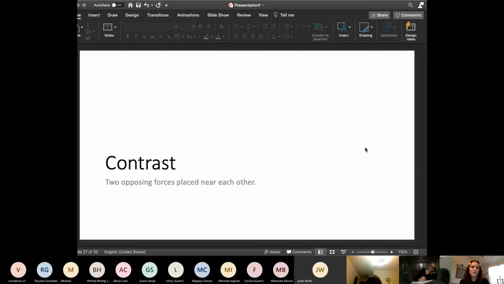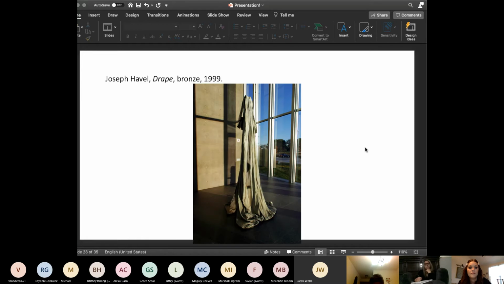Okay, contrast are two opposing forces placed near each other. This one's pretty easy. So here we have Joseph Havel's Drape in bronze.